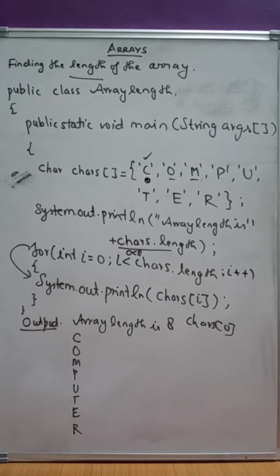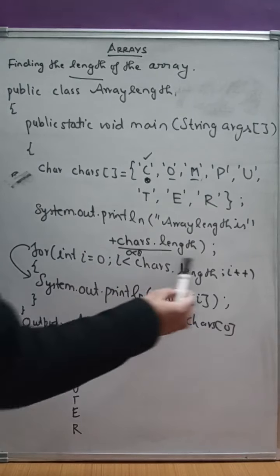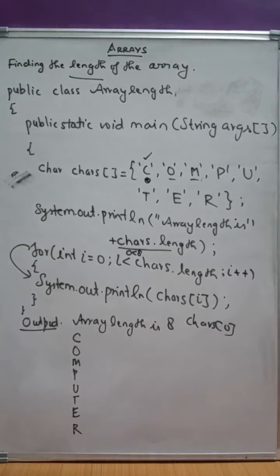In a similar way, the same will happen for the other values, where the value of i gets updated every time and the values get printed like this. Because we have used println, the line will be changed after each statement. So in this way you can find the length of the array. So that's it in this video.